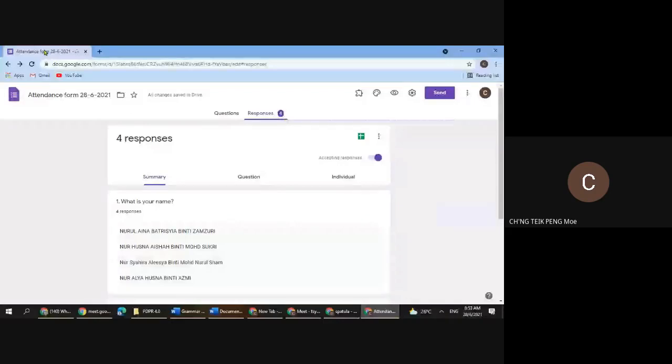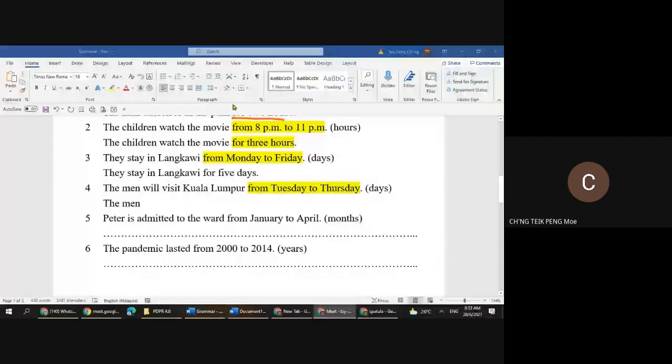Okay. All right. So Tuesday, hari Selasa, and then Rabu, Wednesday, and then Khamis, Thursday. Ada 3 hari. Alright, kalau termasuk hari Khamis itu ada 3 hari. So the answer is the man will visit Kuala Lumpur for 3 days.